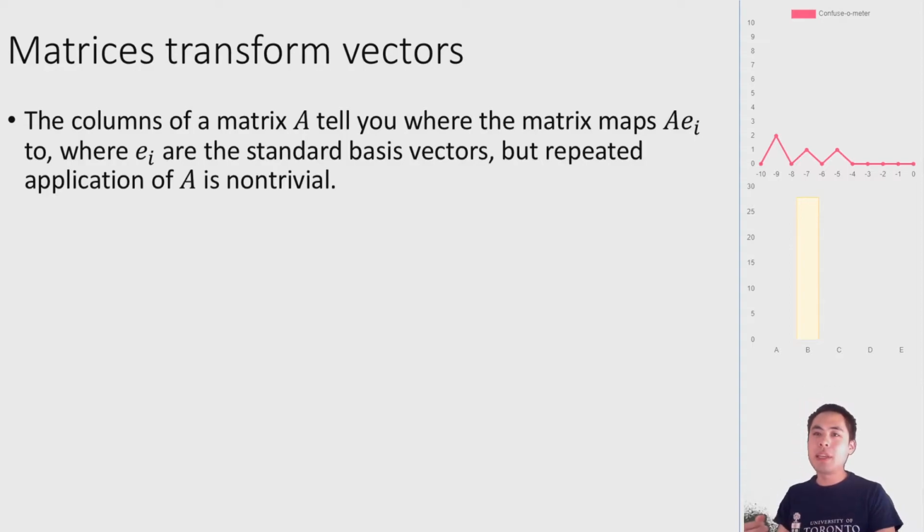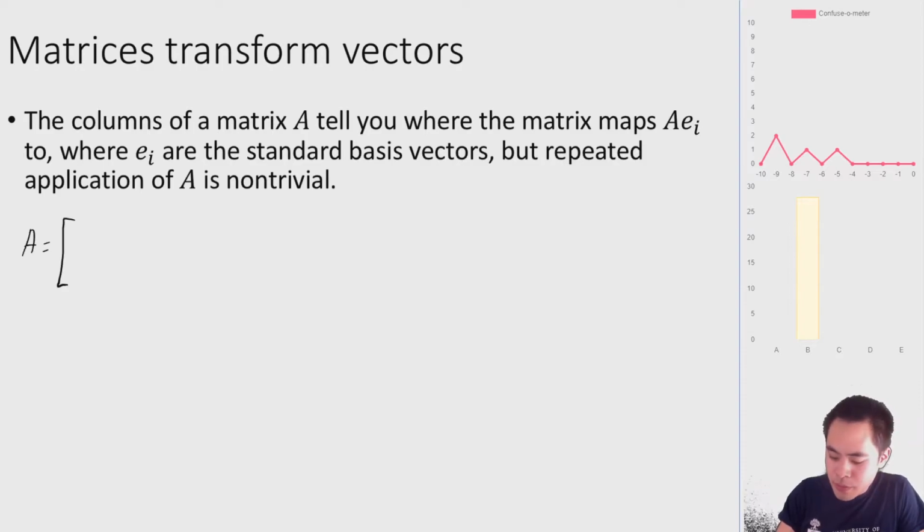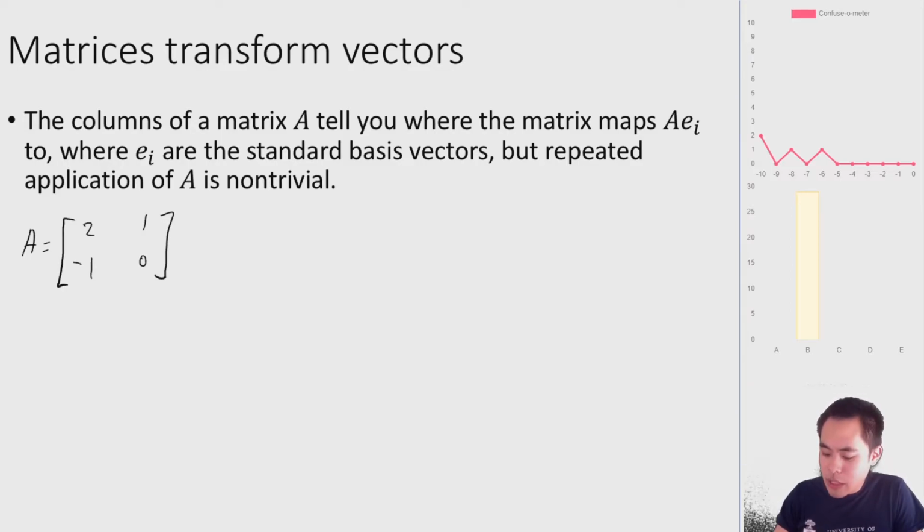And it turns out, we mentioned this earlier, but I'm going to reiterate it: the columns of a matrix tell you where the matrix maps the standard basis vectors. For example, if you have the matrix A equal to [2, 1; -1, 0], and you multiply it by the first basis vector, [1, 0], what do you get?